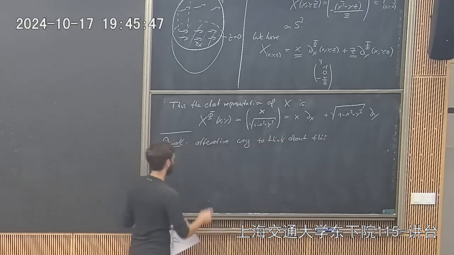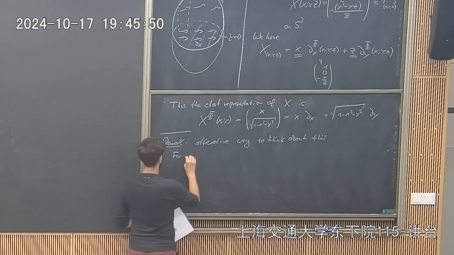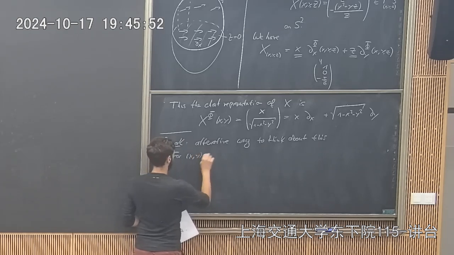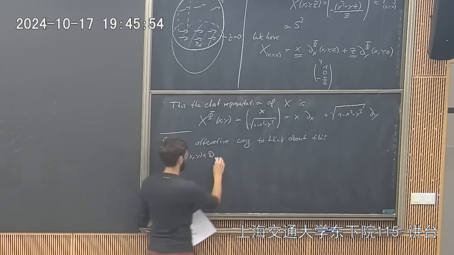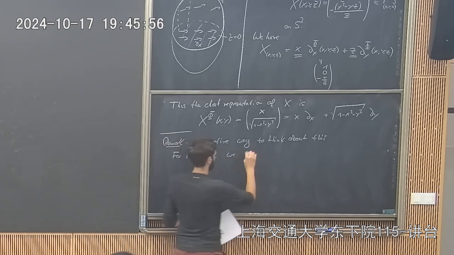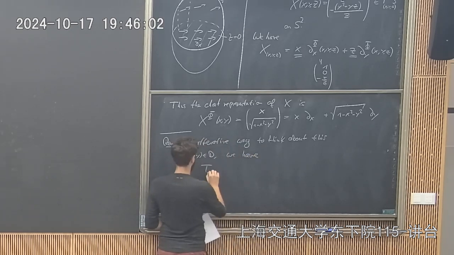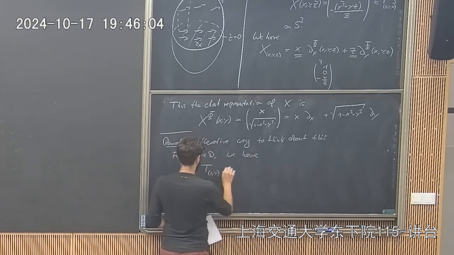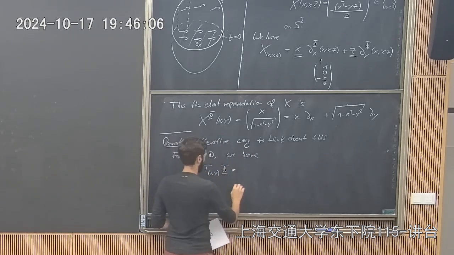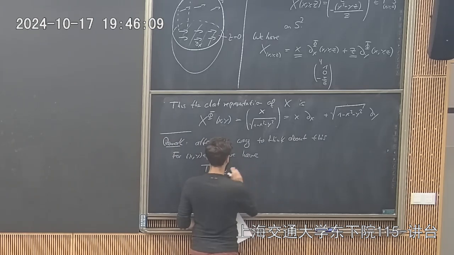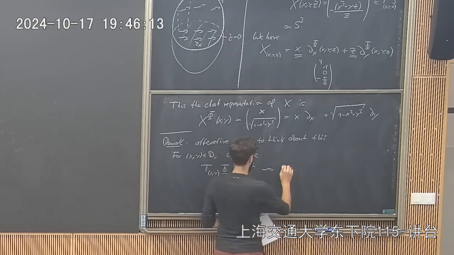The point is that for all x and y as a point in here, we have a projection, the Jacobian of phi, which is a map from R2 into the tangent space.